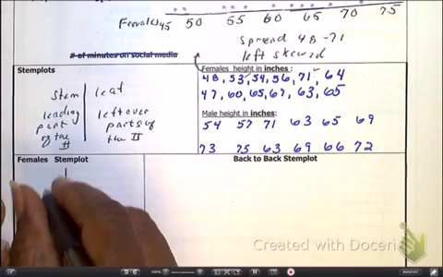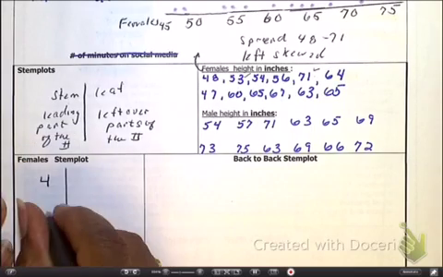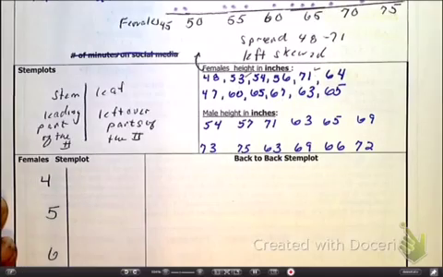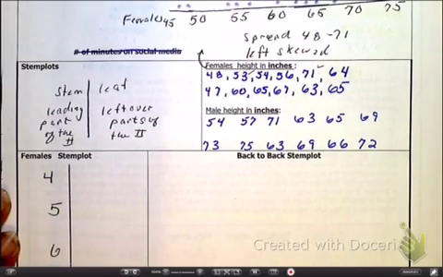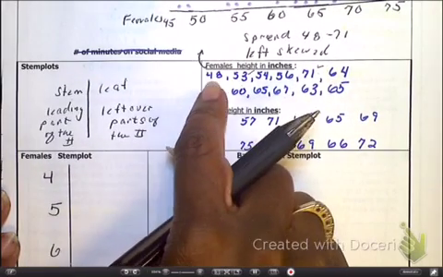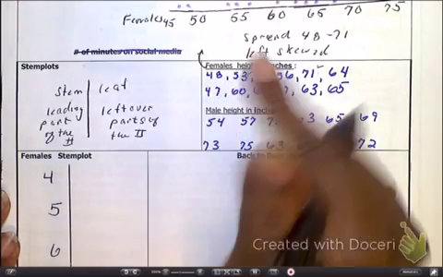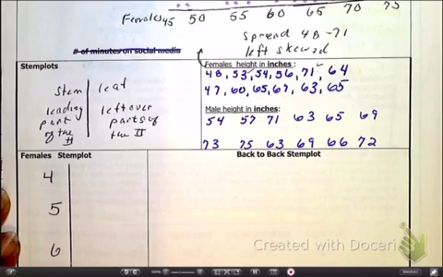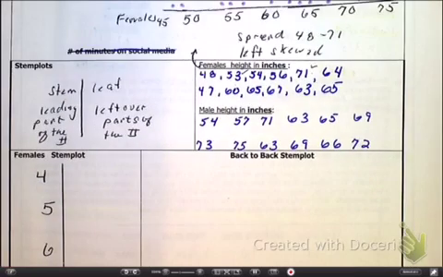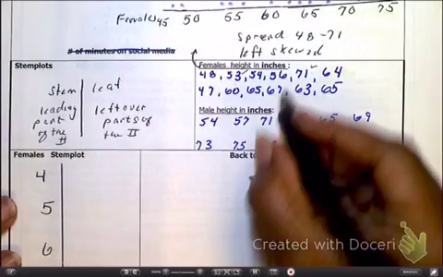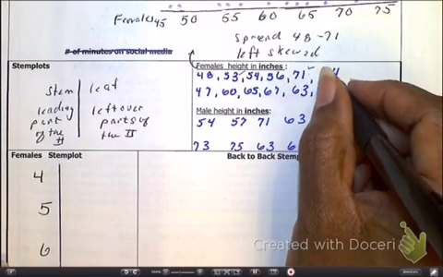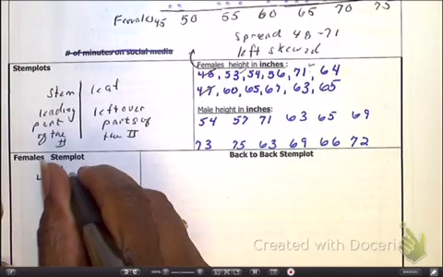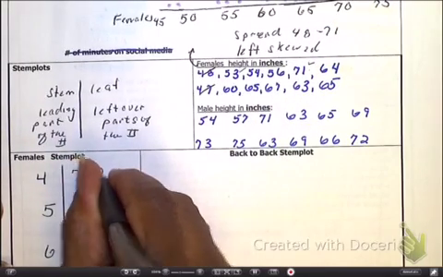So here, I'm going to write a 4, a 5, and a 6. And now, if this is a 48, and I've got a 48 and a 47, as I write these numbers down, I need to put them in numerical order. So here, like I said, I see 47, 48.